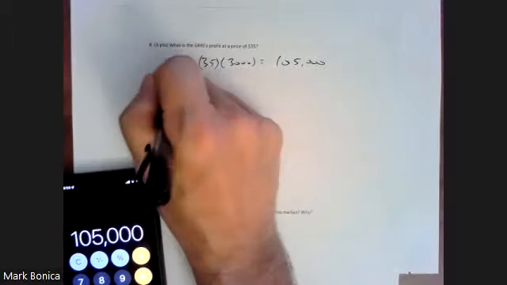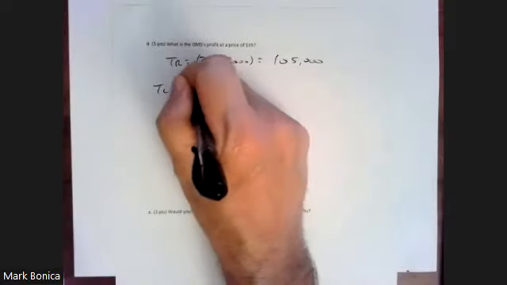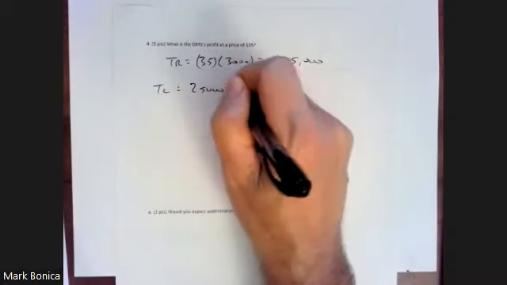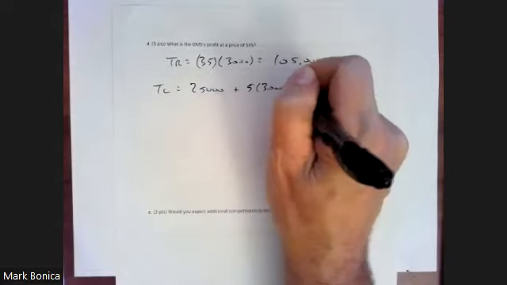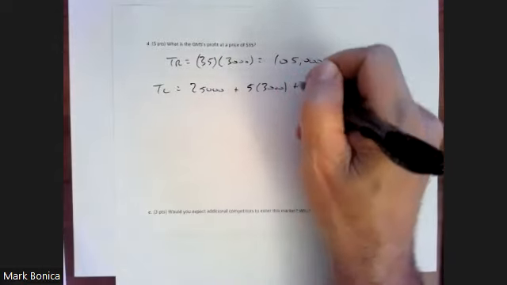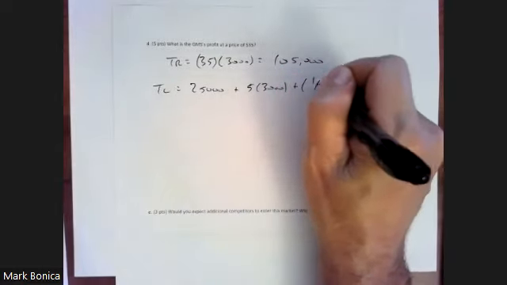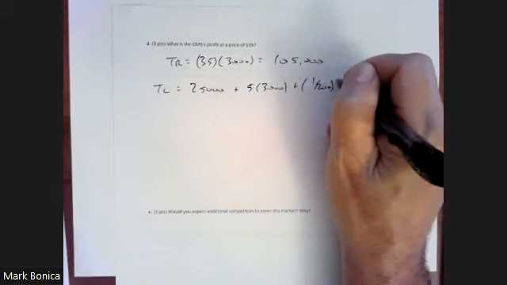The total cost was 25,000 plus 5 times 3,000 plus 1/200 times 3,000 squared.